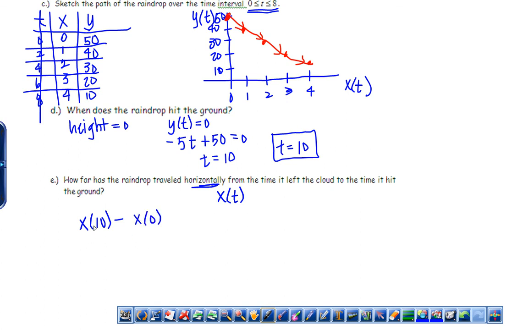So at x of 10, it hit the ground at 5, minus x of 0, which was 0. And you can actually continue your chart to find out when it actually hits, which was 5. And that would give me an answer of 5.